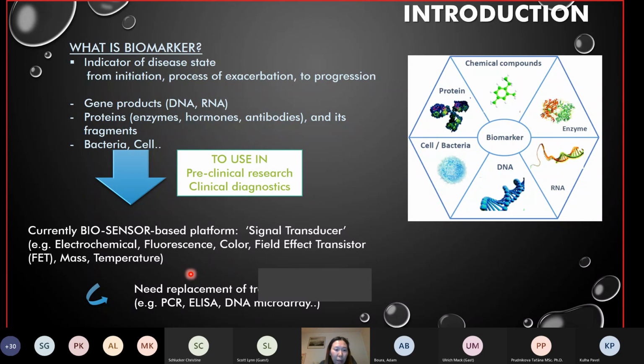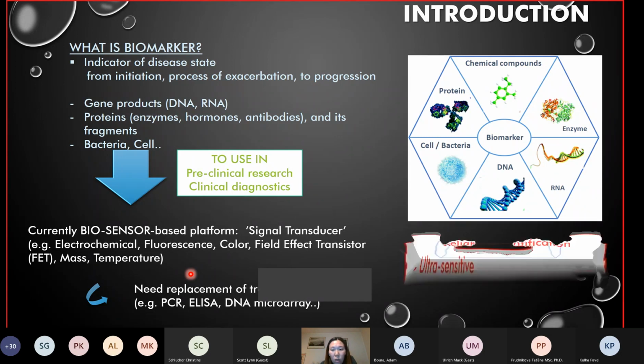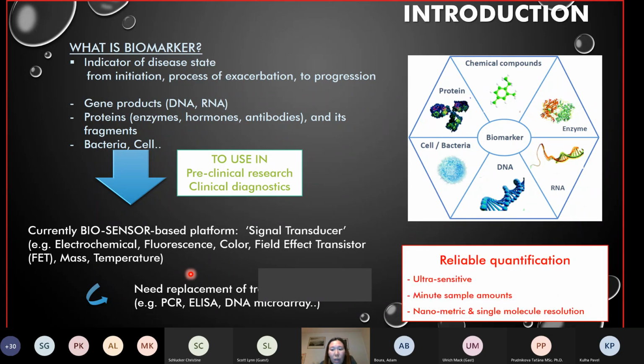And we need better resolution to detect lower amounts of the molecule. We can also apply the AFM to do so. For reliable quantification of those biomarkers in a biosensor, first we need ultra-sensitive measurement. Also, simple sample preparation, and being able to handle a really low amount of sample would be ideal.